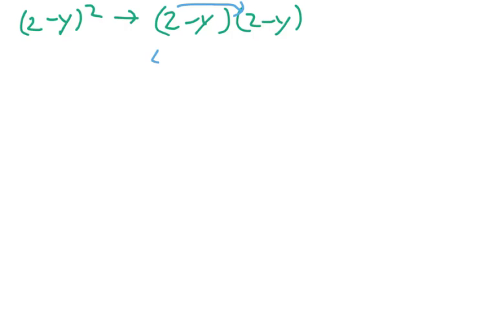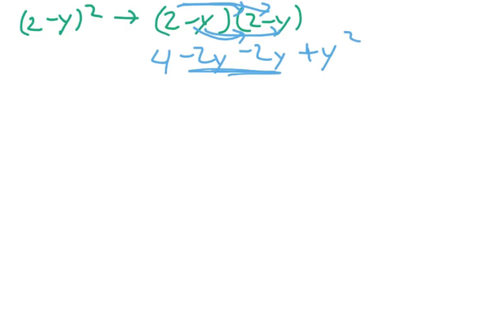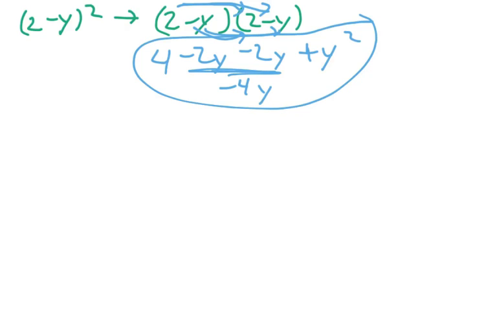So 2 times 2 is 4. 2 times minus y is minus 2y. Then I got to do minus y times 2. Minus 2y again. And minus y times minus y is plus y squared. And that right there, I hope you agree, is minus 4y. We combine like terms.